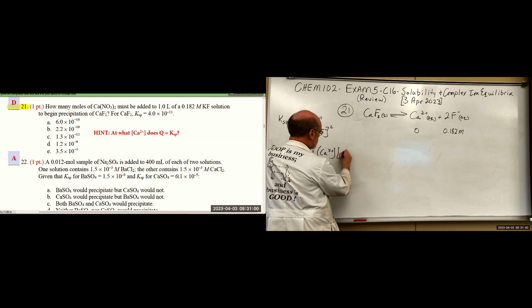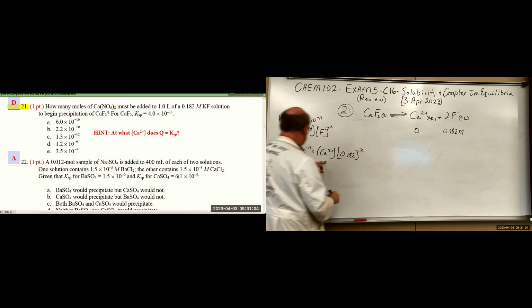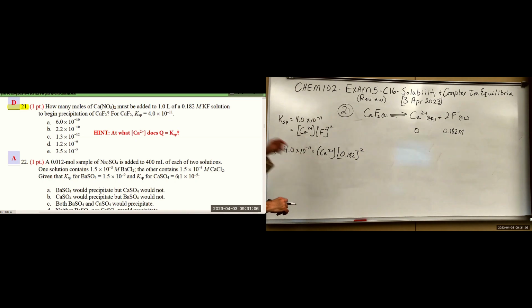What would it take for this expression to be true? Now we solve for calcium. At that point, Q is equal to KSP, and anything above a calcium concentration of that level is going to precipitate. Okay?